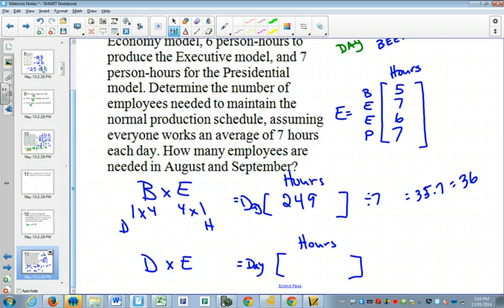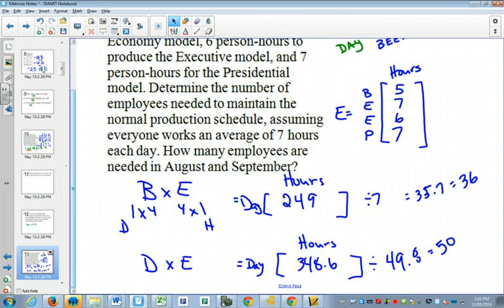And then a 40% increase, how many hours then? 348.6. 348.6, divide that by 7, 49.8. So you'll need 36 employees, and here 50.